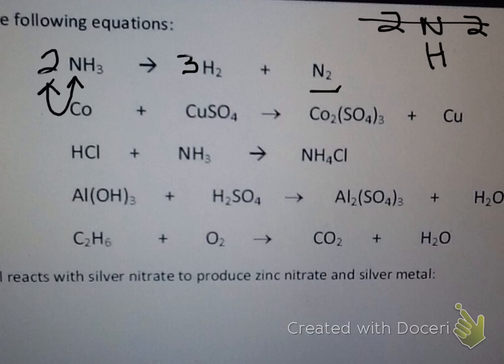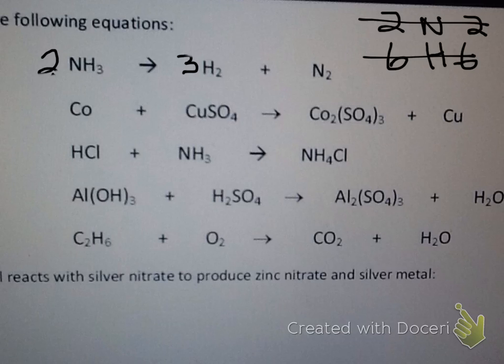Let's do the hydrogens. I've got 2 times 3 on the left, which is 6, and 3 times 2 on the right, which is 6. So the hydrogens are balanced too. As it turns out, this chemical equation, 2 ammonias produce 3 hydrogens plus 1 nitrogen, is a balanced chemical equation.